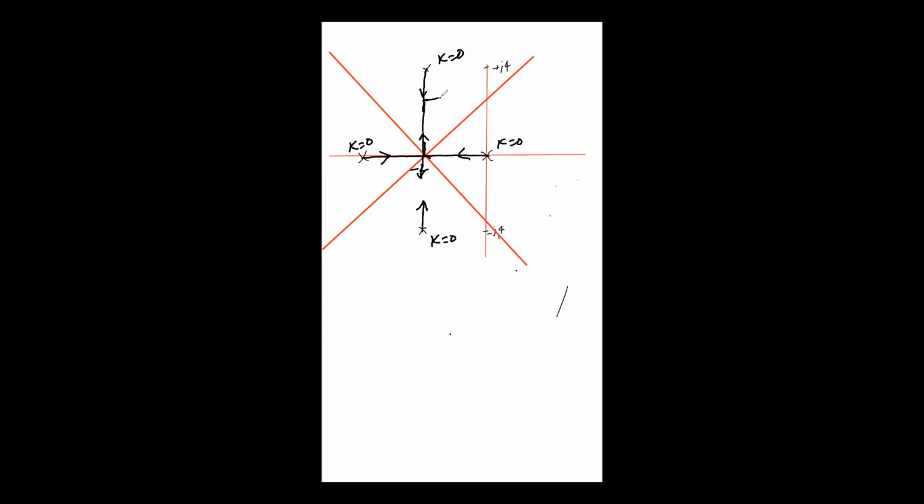Let us suppose this point is j 2.4, and another point is minus j 2.4.